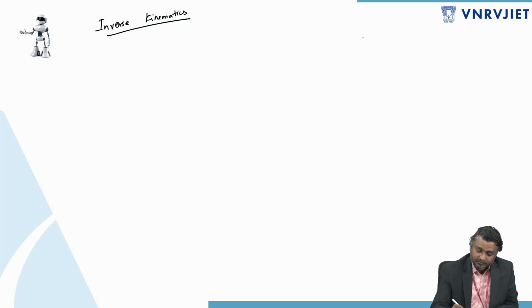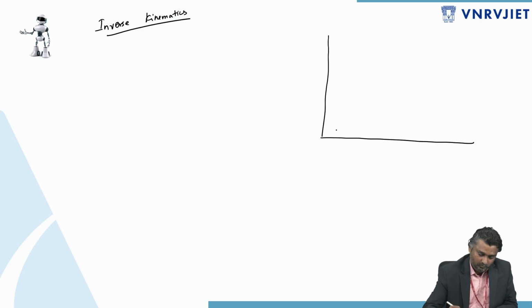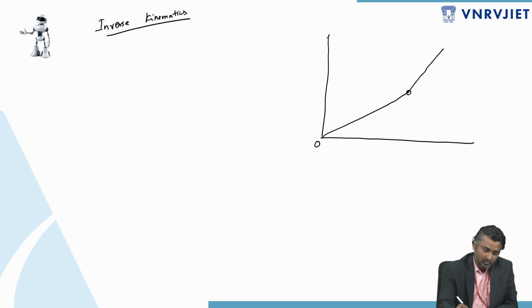Okay, so now I draw the diagram first. I'm considering this as the origin O. This is my x and y, and you know very well this is theta 1, the link 1 angle.